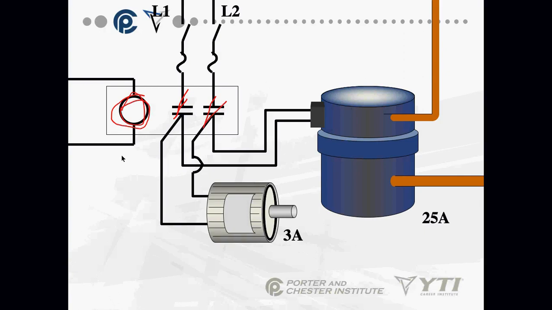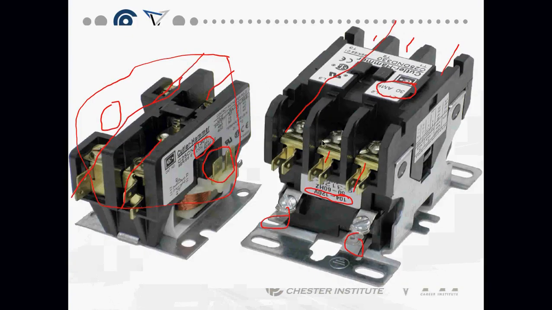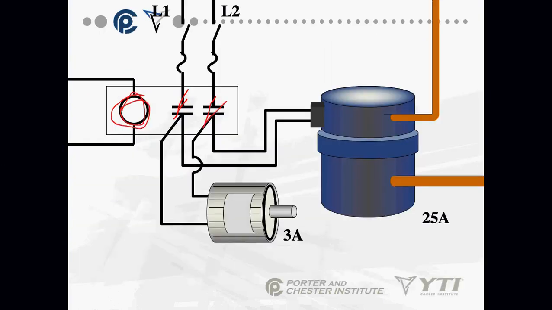We have to have all of our contacts close at the same time. Like I have 3 sets of contacts here. I can't just have L1 and L2 going to a motor. I have to have L3. It's very important it all closes together.